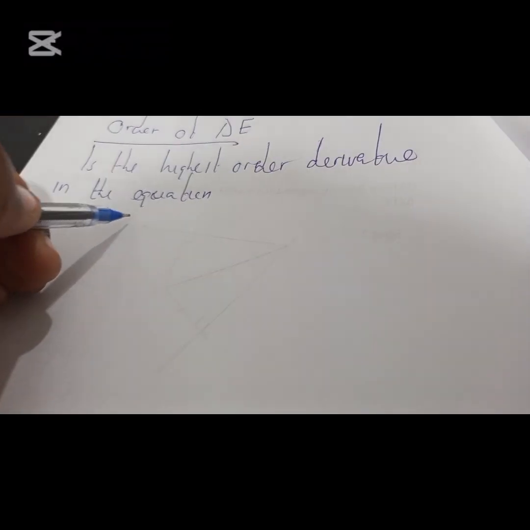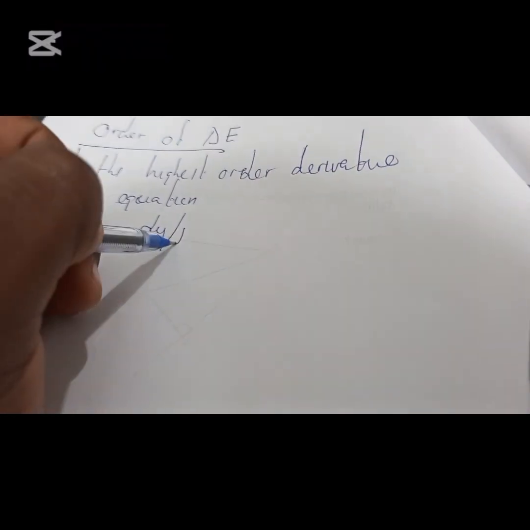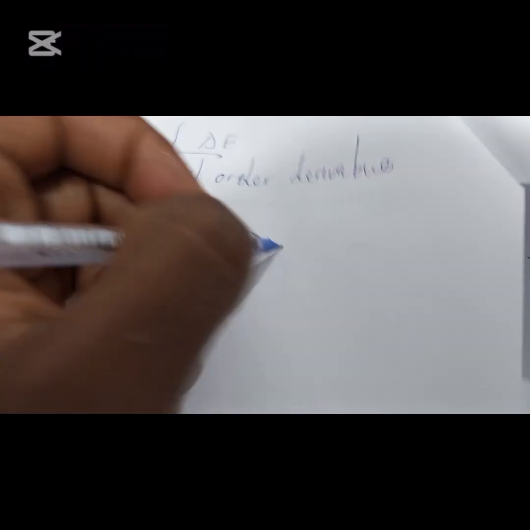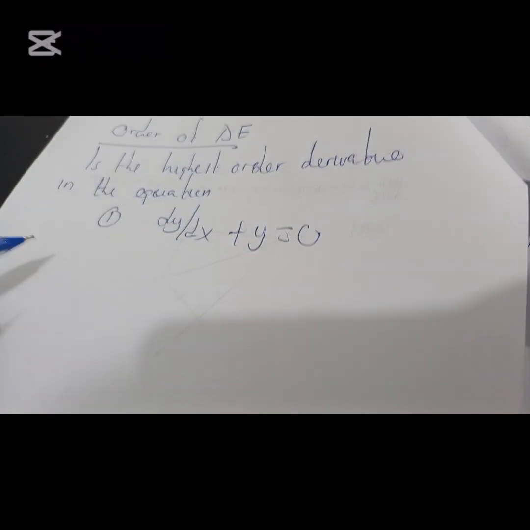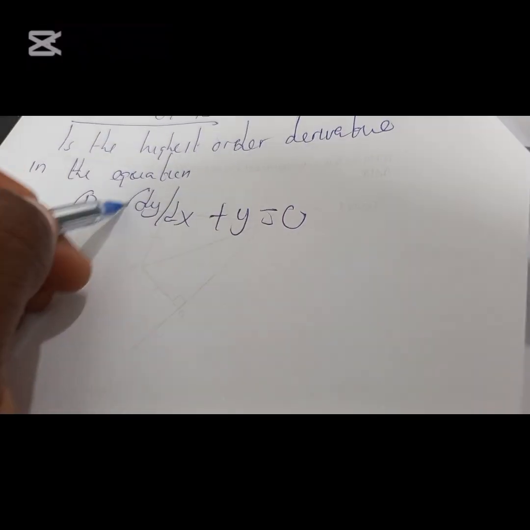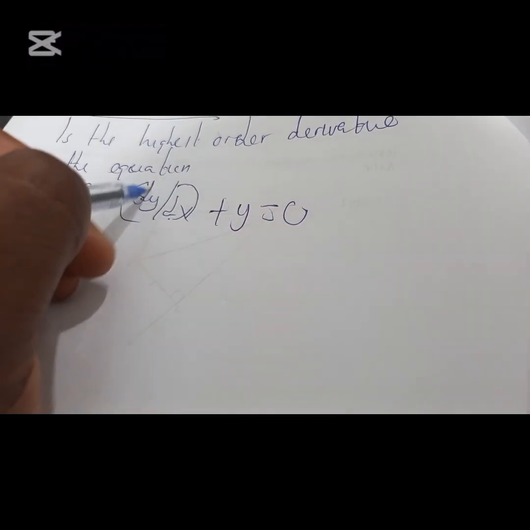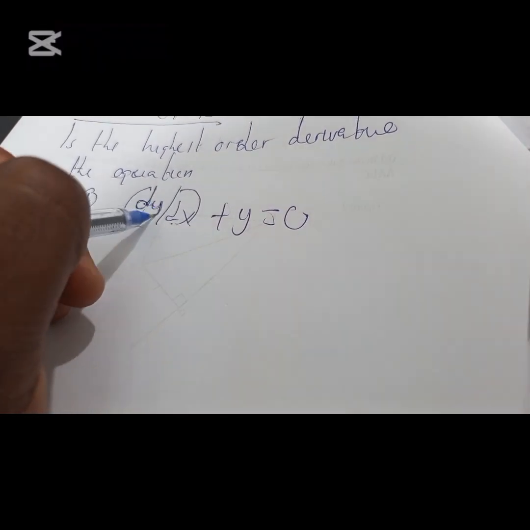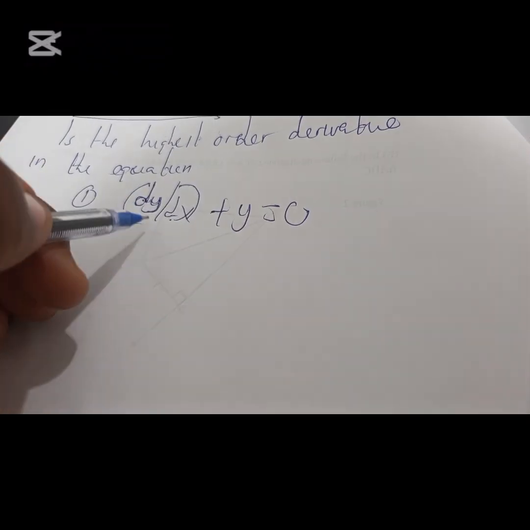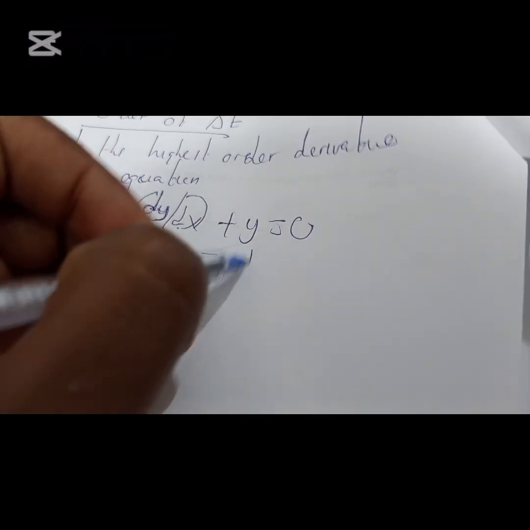Let's look at an equation. Example 1: dy/dx plus y equals 0. Here, looking at the derivative, the highest derivative is dy/dx, meaning that the order equals 1.